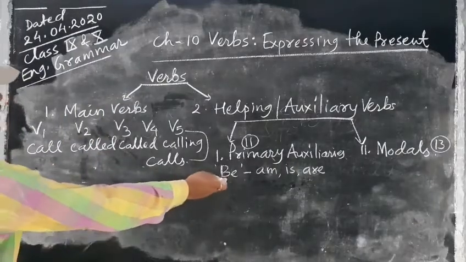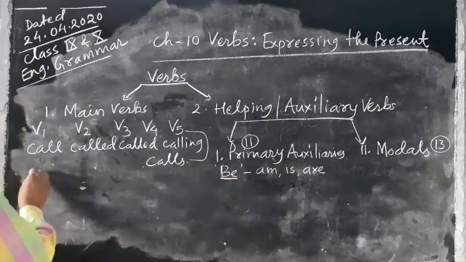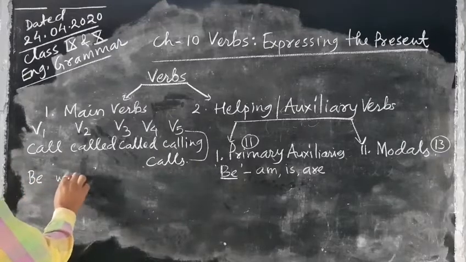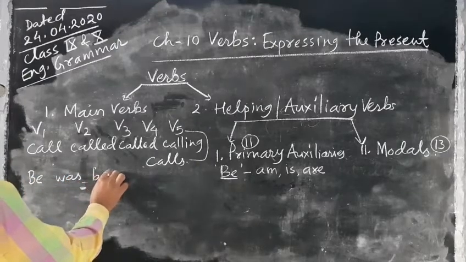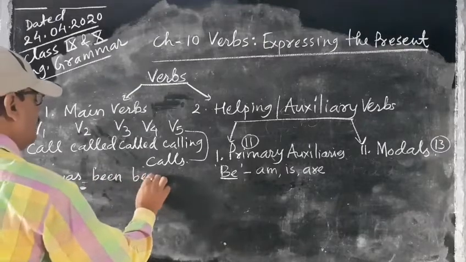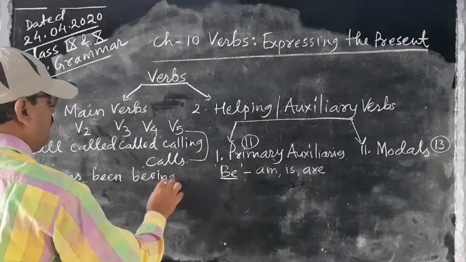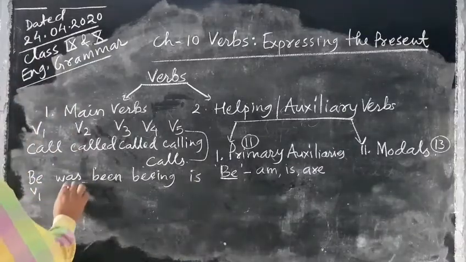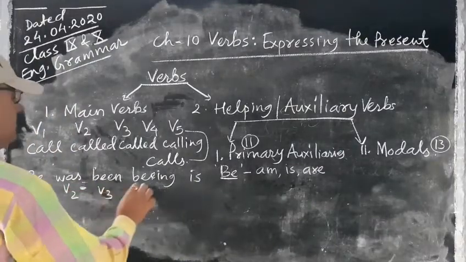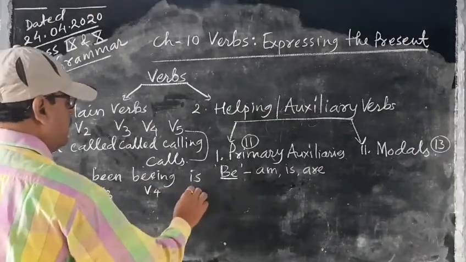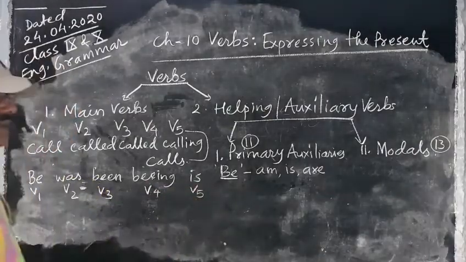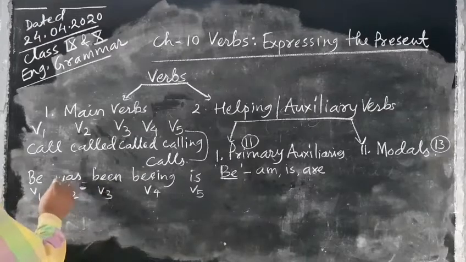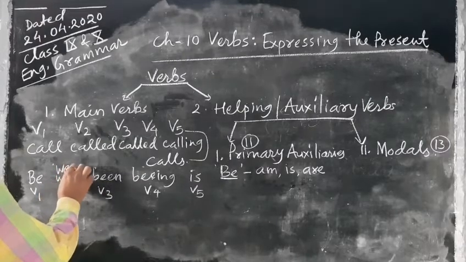So 5 forms of verb to be will be be, was, been, being, and is. This is V1, V2, V3, V4 and V5. Be, was, been, being, is. And the plural form of was is were.